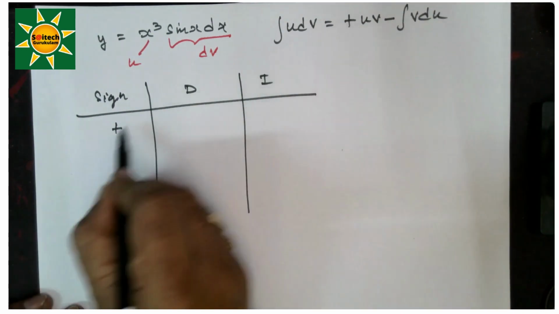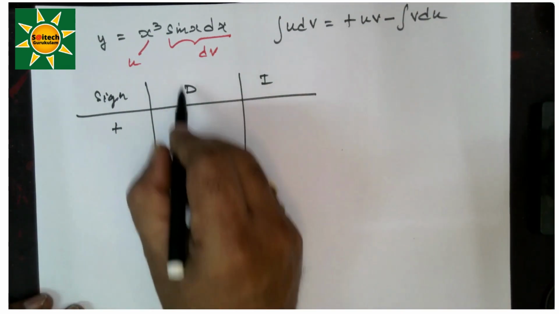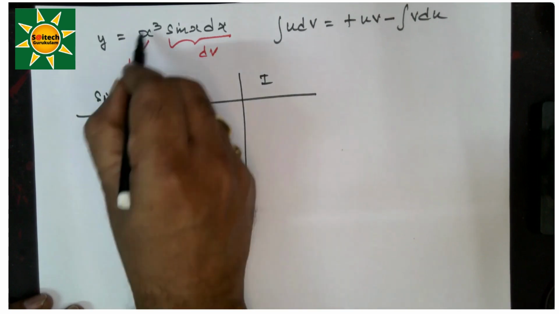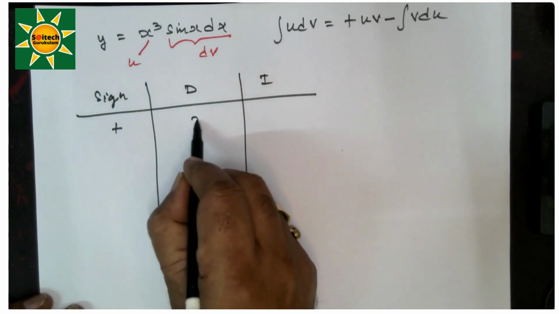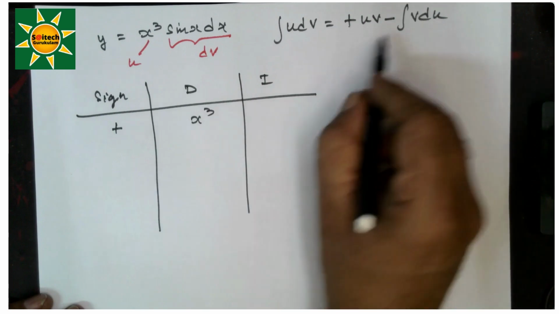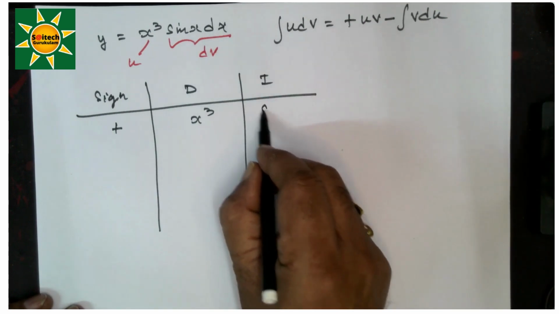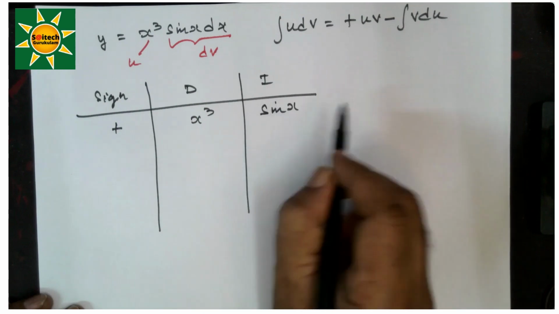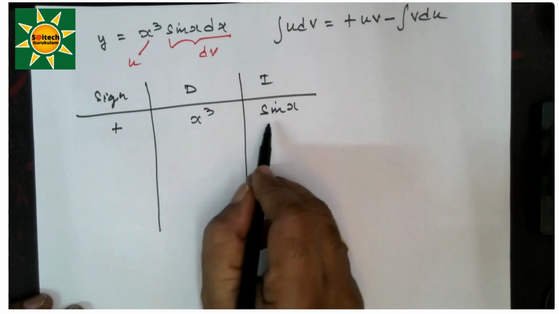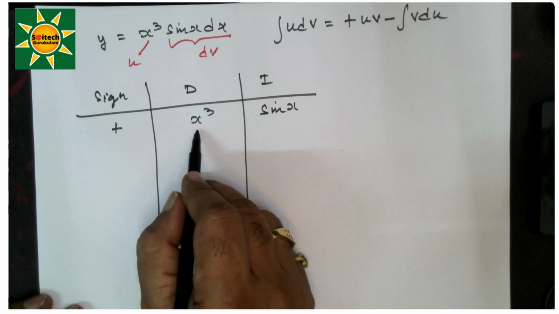Okay, so this plus is represented here, and we have u. What is this u? x cube. And what is this dv? Sin x dx, is it not? So sin x. Now we are going to integrate this one and differentiate this one.